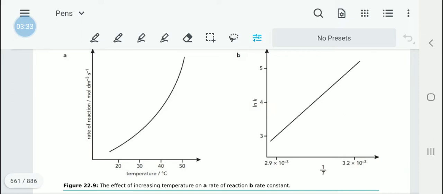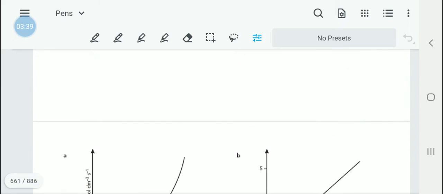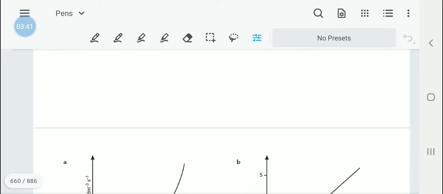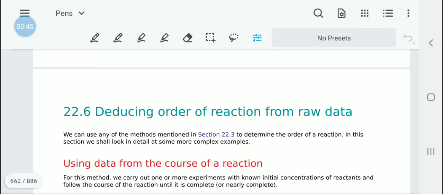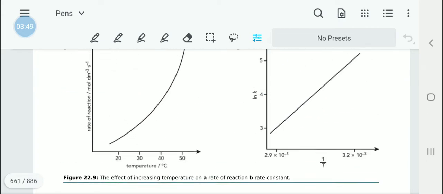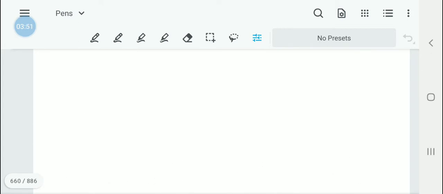The second one gives you natural logarithm of k against 1 upon T, that will give you a straight line. So this shows how the rate of the reaction increases with temperature.